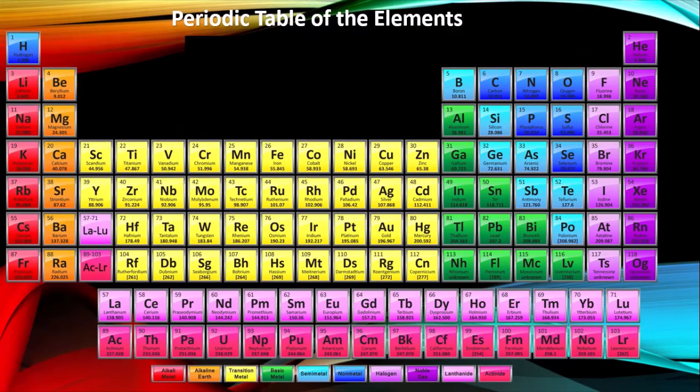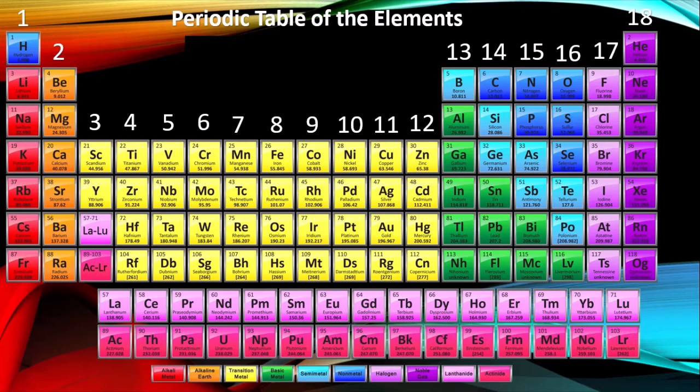Now, as we learned about the periodic table, let's learn how to study the periodic table. As you know, there are 18 vertical groups and 7 horizontal rows. Now, if someone asks, find an element which is in group number 2 and in the 5th row, there's only one answer.